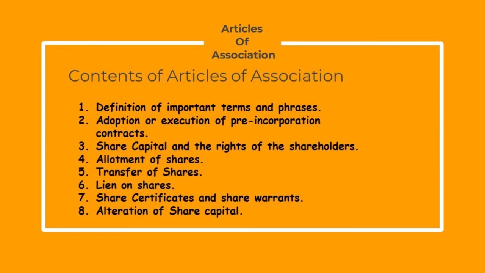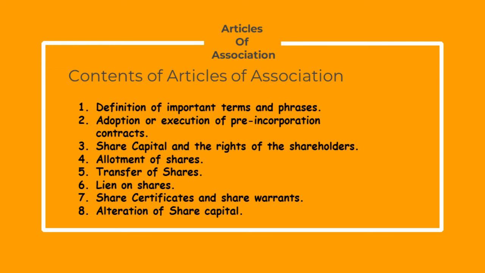debentures. Now, you know that the articles of association contain the rules, regulations and bylaws for the internal management of the company. Now, the company may alter its articles of association at any time by following the prescribed procedure in the Companies Act. So, the company may alter its articles of association by passing a special resolution.